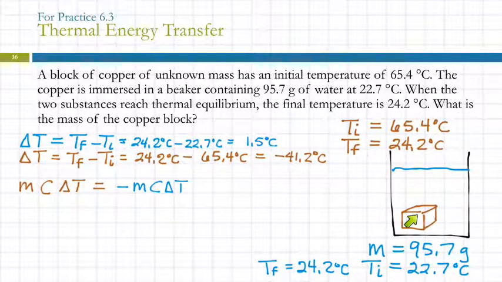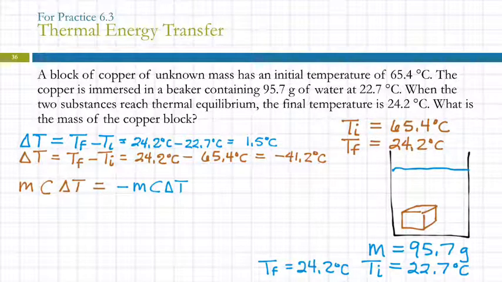The heat lost by the copper is gained by the water. They are equal in magnitude but opposite in sign. So we know some of these values, right? We know the delta T's, and I know this M, but I need the specific heat capacities of water and of copper.